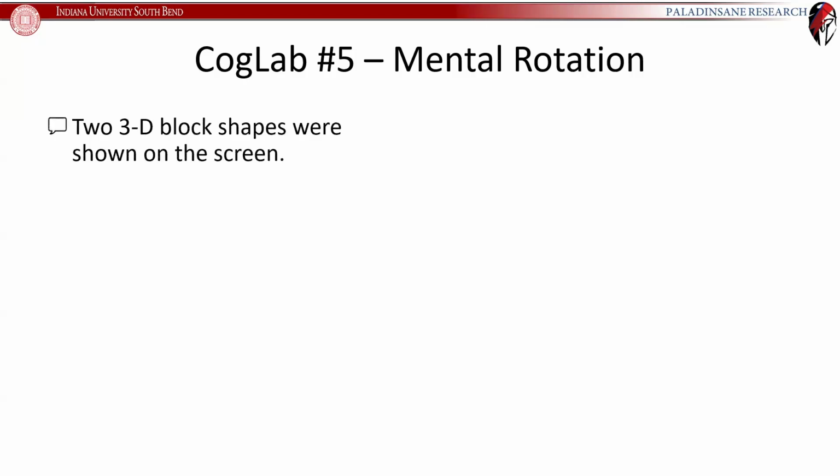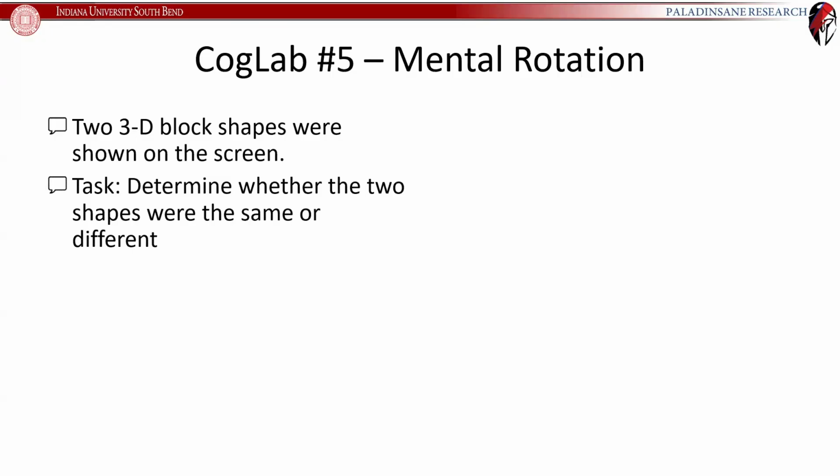All right, but mental rotation. Let's see if we can figure out, for visual imagery in our minds, do we actually use that image to do cognition? So in the mental rotation Cog Lab, we have two 3D block shapes shown on the screen, and your task was to just determine whether the two shapes were the same or different.